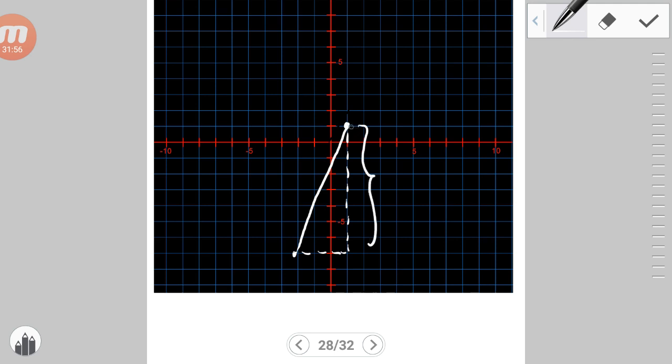That's 1, 2, 3, 4, 5, 6, 7, 8. So my rise here going down is -8. And now I'm running to the left, which is also negative. So that's 1, 2, 3. So the run is -3.